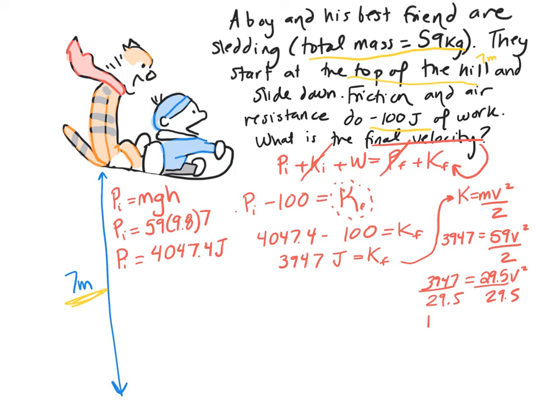You get 133.8 equals v squared, and I take the square root of the other side, take square root, and we get 11.6 meters per second. So, you know, faster than Usain Bolt can run.